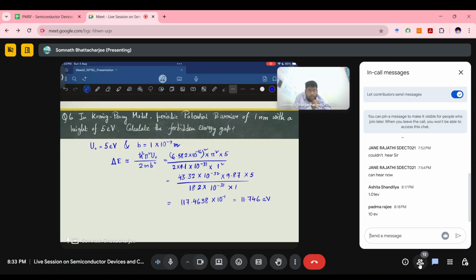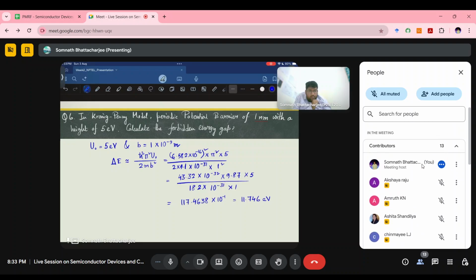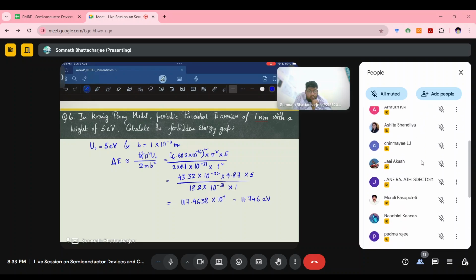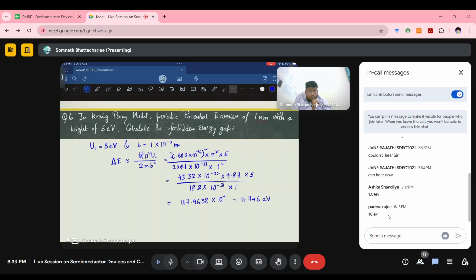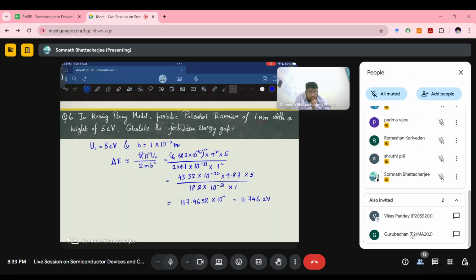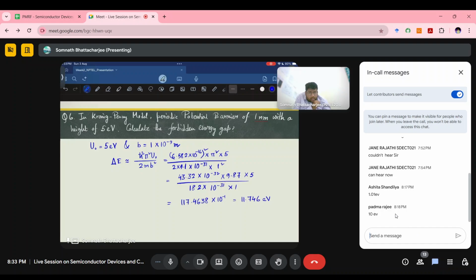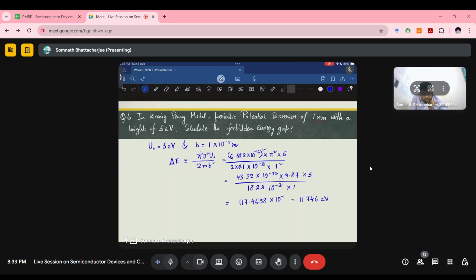So what is your name? Sir, Padma Jyoti. Okay. So you have got an EV, right? So you have written there. Okay, that's fine. Then there was someone, Sandelia. So maybe there was a term mistake or something that there were -1.